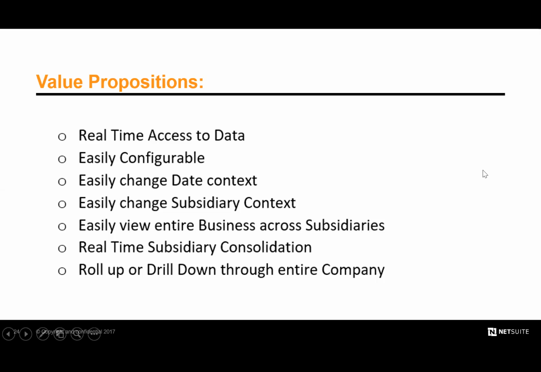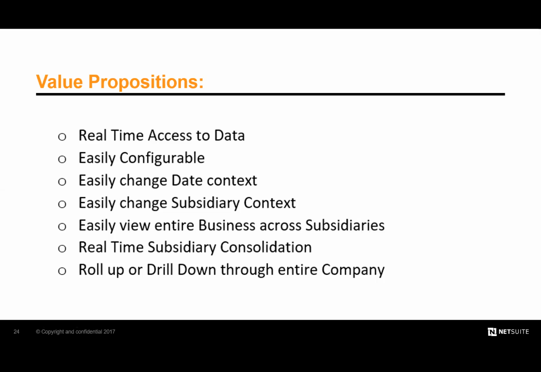Also, changing the date context is very easy to do. Just click it and choose from the drop down. The subsidiary context is the same as the date context: click, choose from the drop down, and you can view the businesses across subsidiaries.